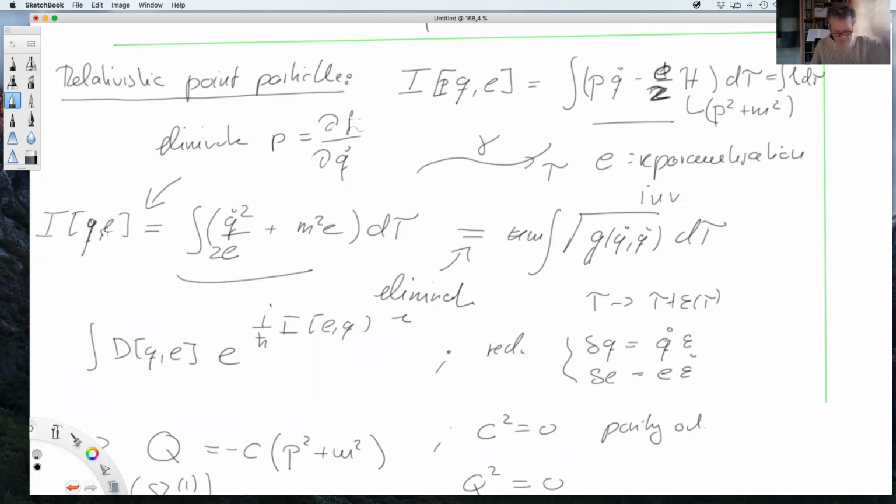Okay, so now it turns out this theory is not very interesting. You can play this game, but you will find not much interesting because there's really no gauge invariance in this theory. This is a point particle, a massive spin 0 point particle, nothing else. So we don't expect any interesting gauge symmetries in this theory.